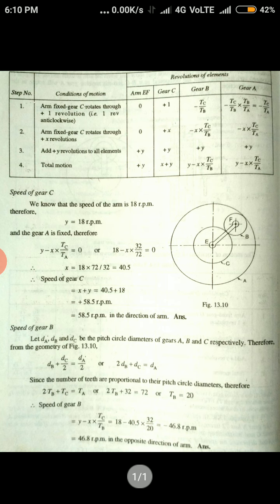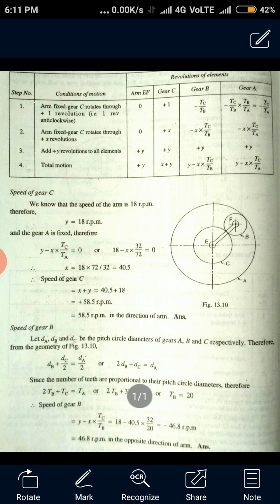Now coming to step 2. Once you are able to write the first row correctly, the rest is very simple. You can write the remaining steps almost blindly. Now the arm is fixed, and gear C rotates plus X revolutions, so just multiply by X. For arm EF it is 0, for gear C plus X, then for gear B X into minus TC by TB, then for gear A X into minus TC by TA.